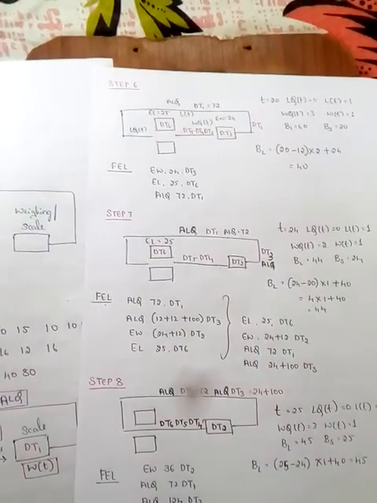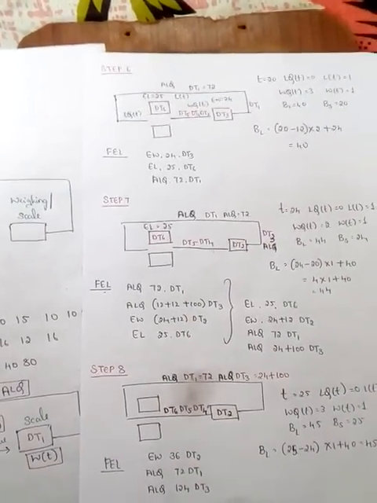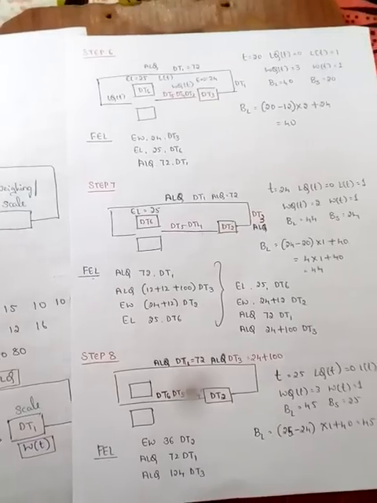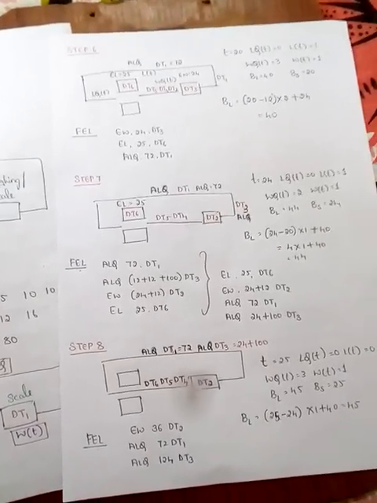The next EW is 24 plus 12 DT2, then EL 25 comma DT6. Now we will arrange it from minimum to maximum.